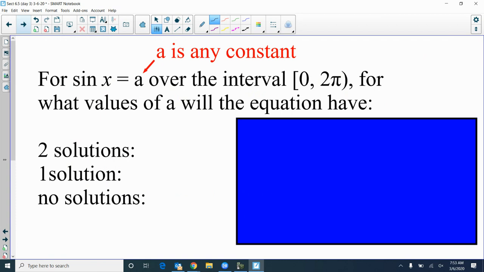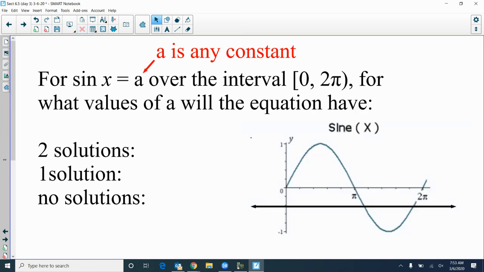All right, we talked about this yesterday. If A is between -1 and 1, you get two solutions. So if -1 is less than A is less than 1, you're going to get two solutions, always.